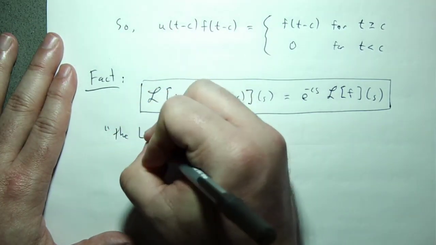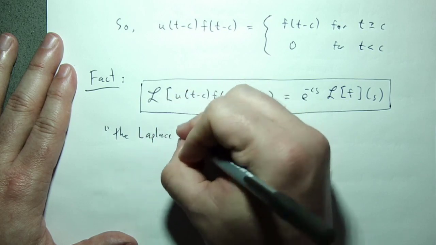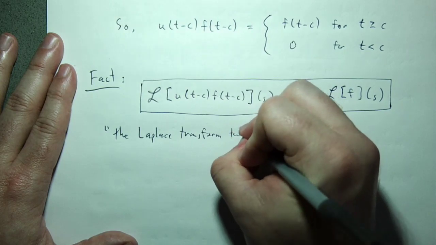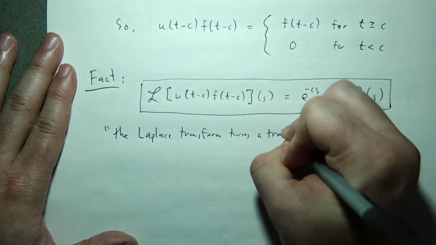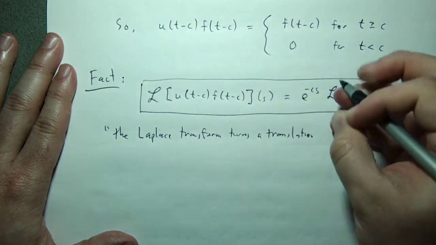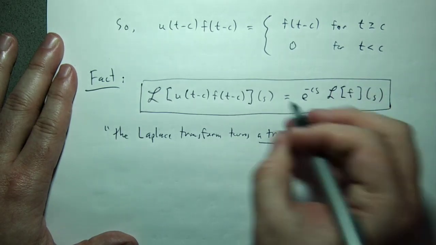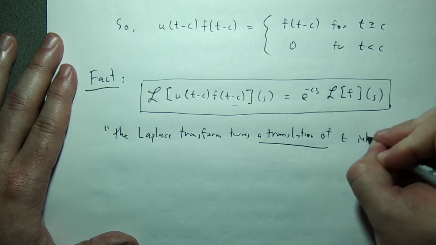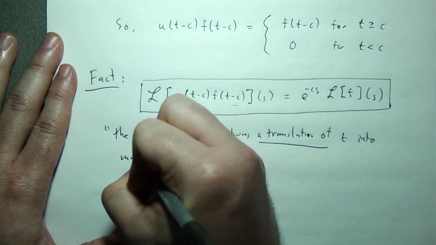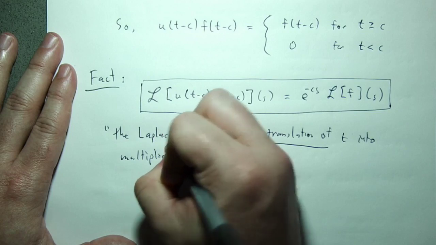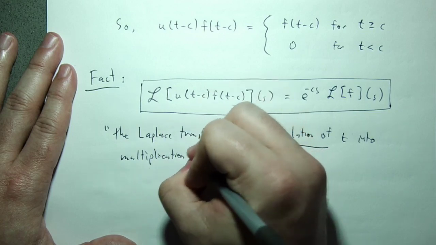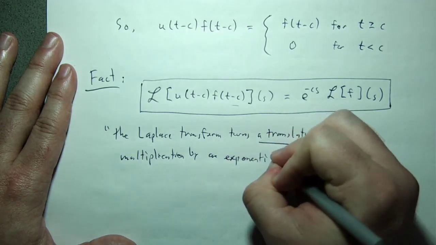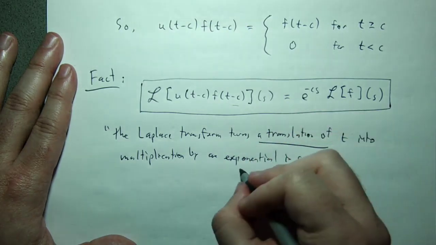So what is it that I'm going to say here? The Laplace transform turns a translation of t, that's this thing, into multiplication by an exponential in s.